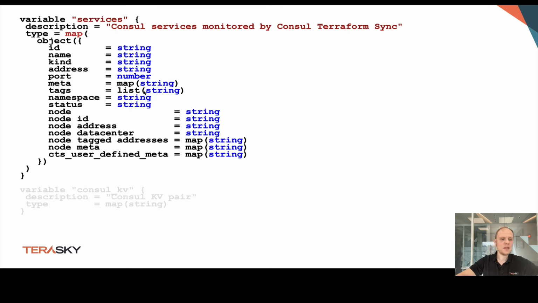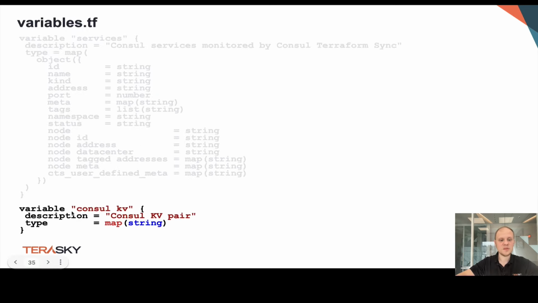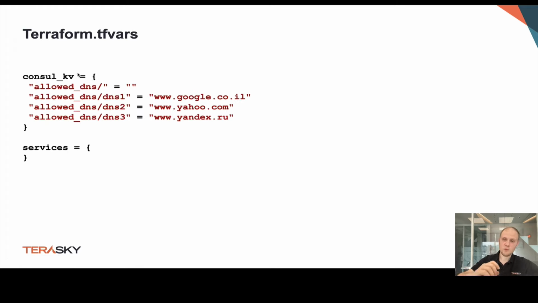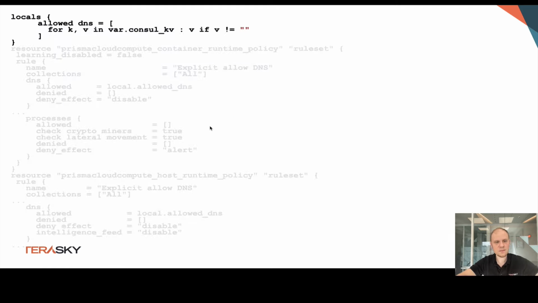Now, in addition to this part in my module that can handle services, I added this part that actually handles Consul key values, right? So it's just a map of strings. And once I added values, this is the terraform.tfvars that was generated for me. So it's Consul key values, and you can just see that it's allowed DNS 1, 2, 3 with their values.